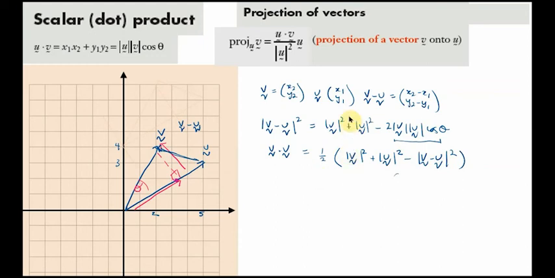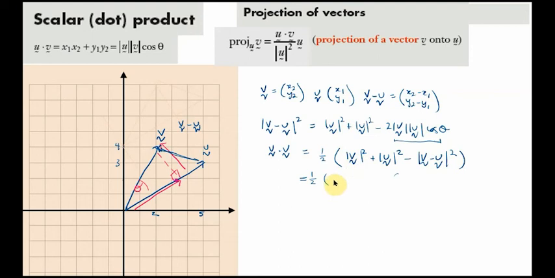Now I'm going to use the component forms to express each of these squares of magnitudes in component xy form. Then we'll simplify the algebra and show the equivalence of our dot product.